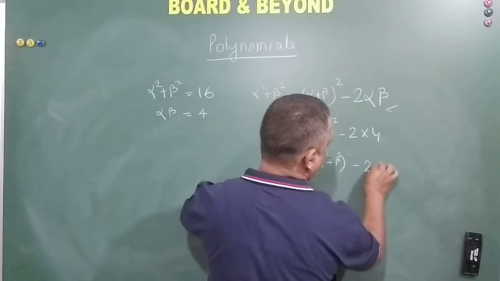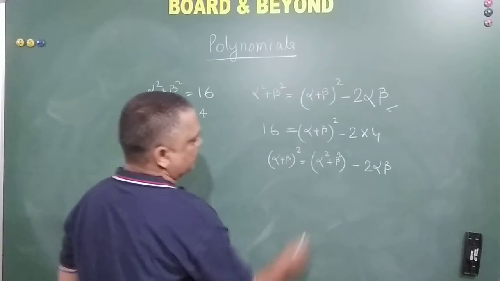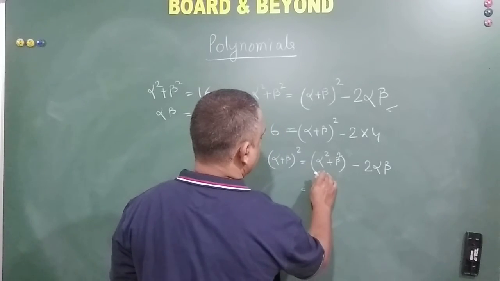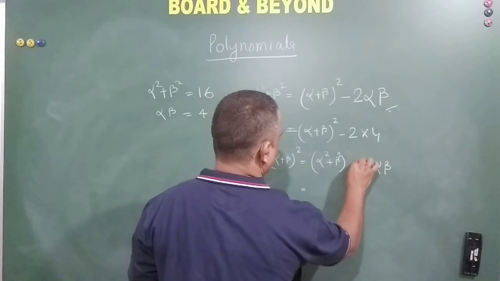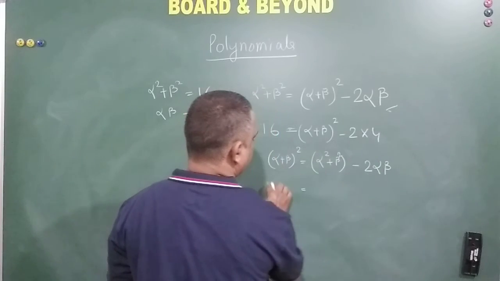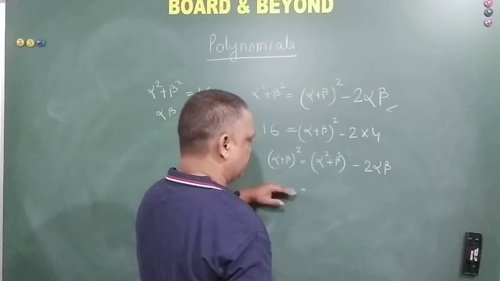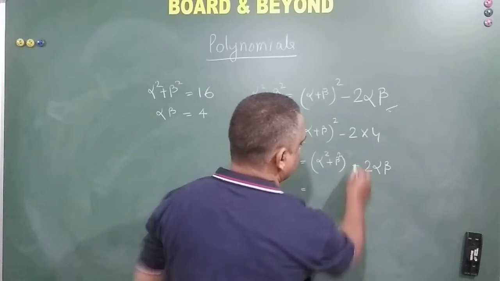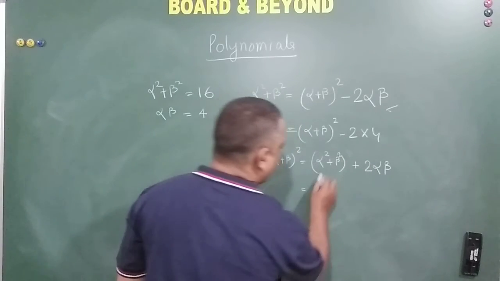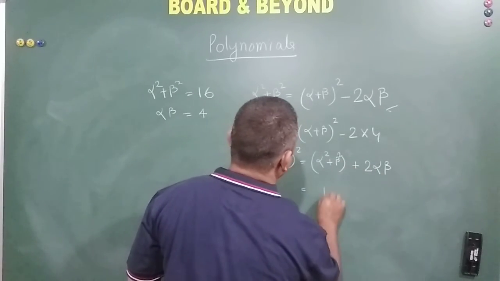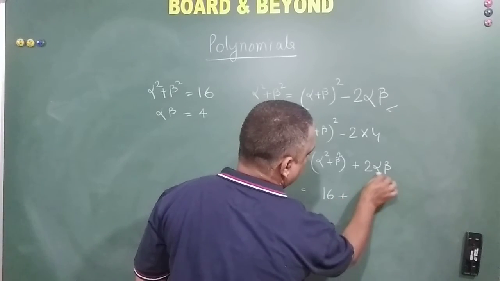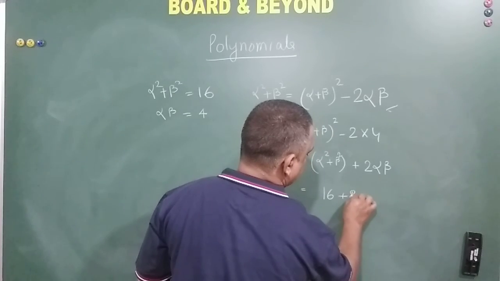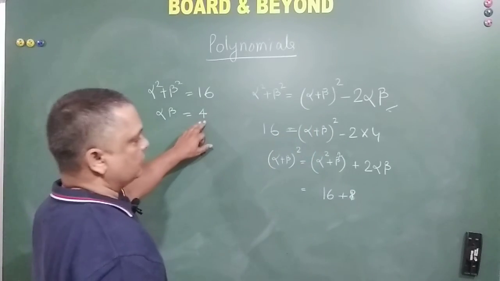Let us subtract 2 alpha beta. Alpha square plus 2ab plus b square: so plus 2ab has come extra, and it was not there, so we need to subtract it. This is 16, and this is 2 into 4, that is 8. 2 alpha beta.